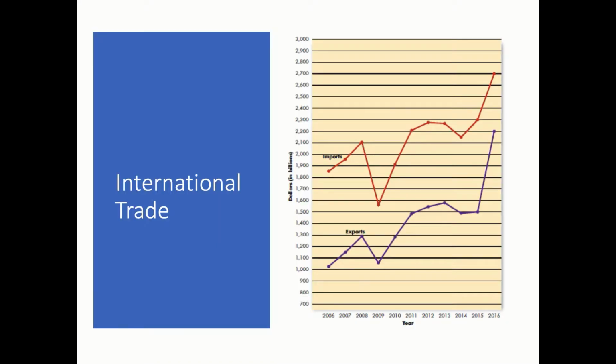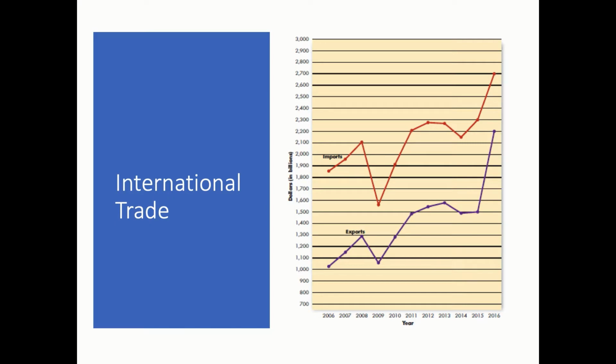One of the things that countries keep track of is the overall trade balance. What is a trade balance? Well, you can see here, this is the United States trade balance from roughly about 2006 to 2016 when the data on this table ends.